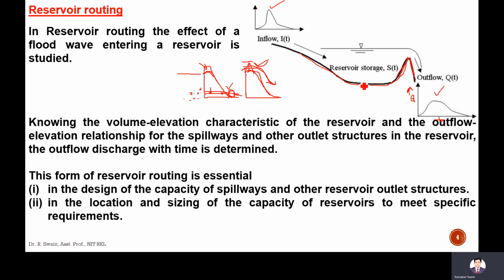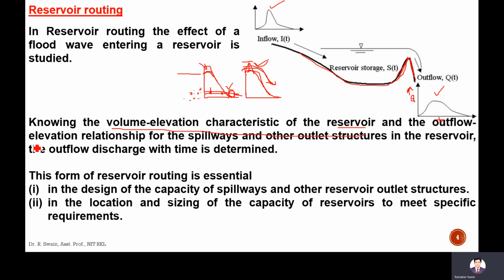Two more plots are required. One is the volume elevation curve of the reservoir, the volume elevation characteristic. For a reservoir this curve remains constant. For a different reservoir it is different.